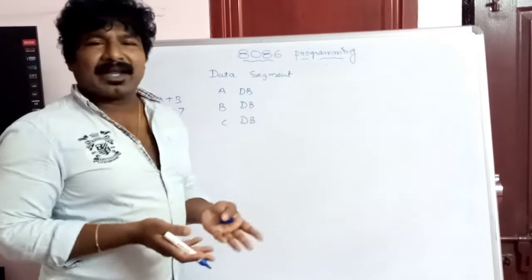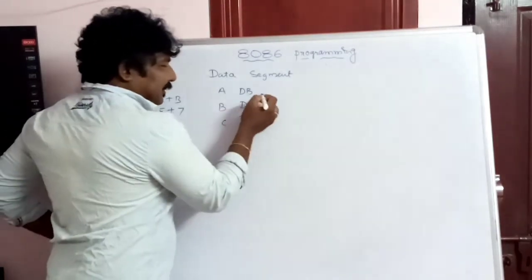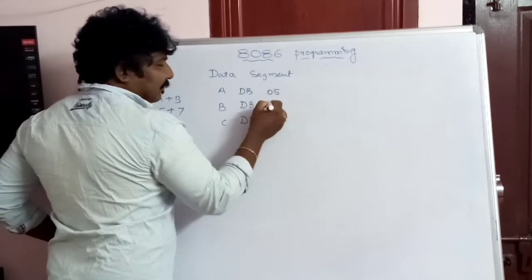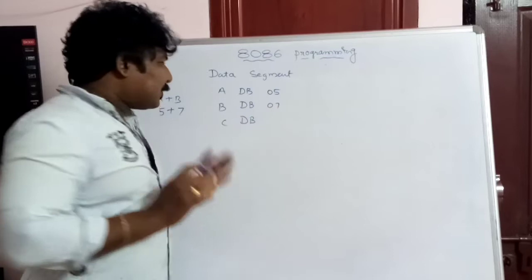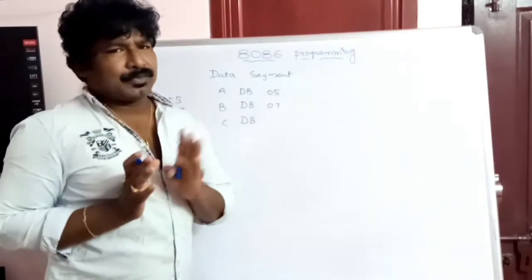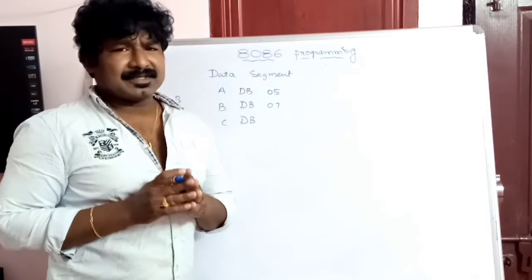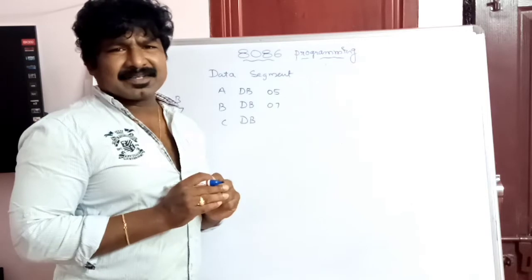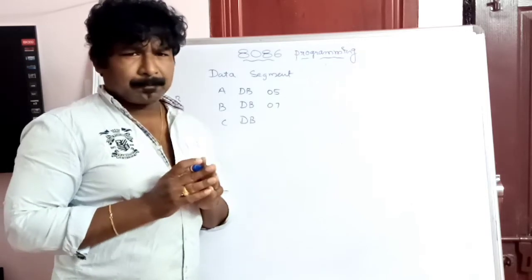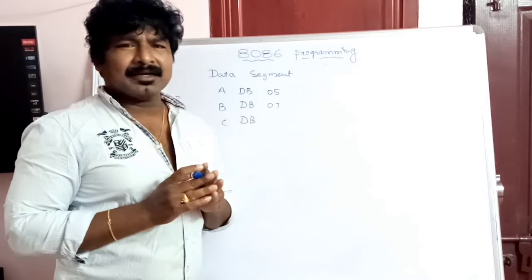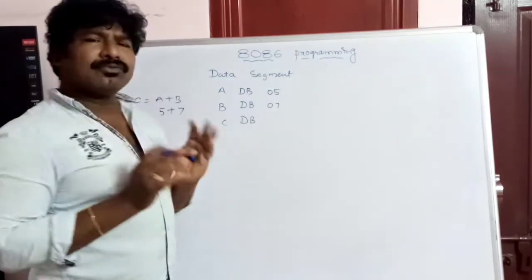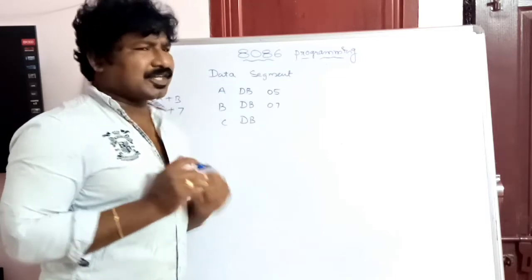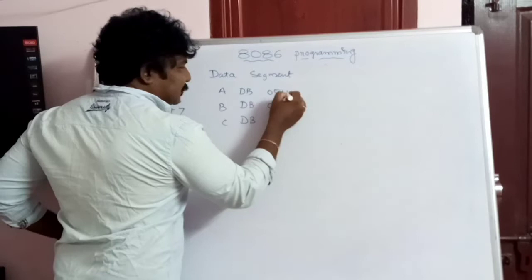After db you put a space, then you can give the value 05, then 07. Whatever value you take in the 8086 assembler is in hexadecimal form, that means all the numbers will be in base 16. You represent hexadecimal numbers with a letter h, so you should have a suffix of h here.